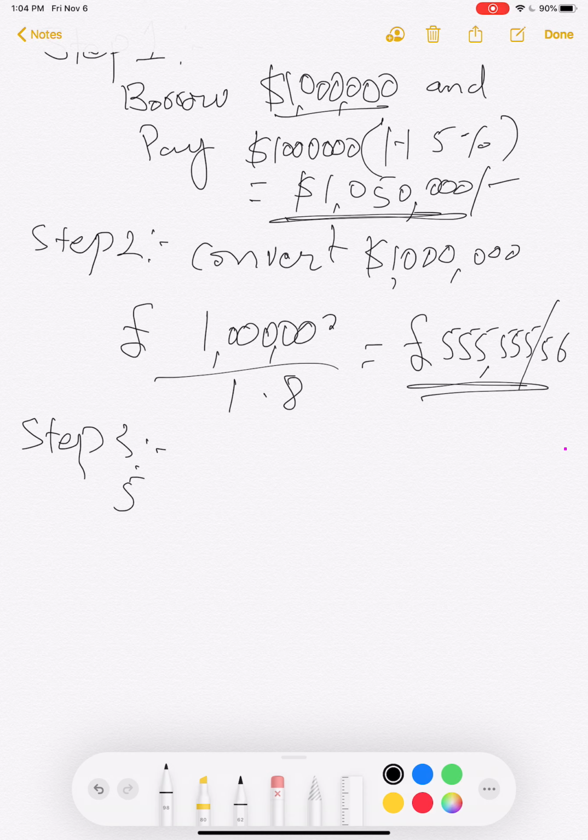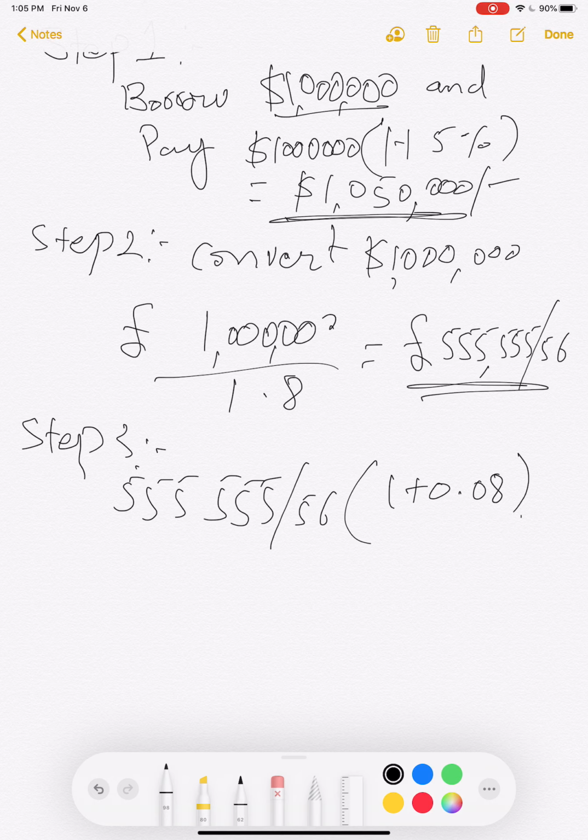So after a year, you will be getting 555,555.56 into 1 plus 0.08, in other words 8%. If you do the calculation, after a year you will be getting 600,000.